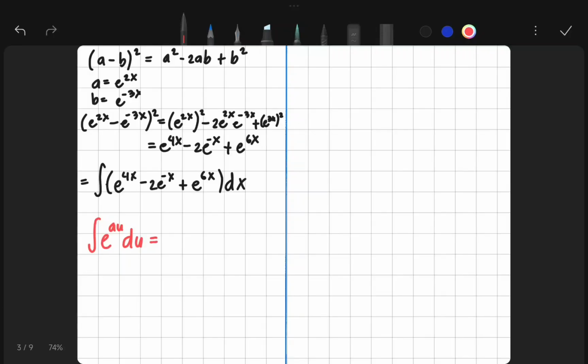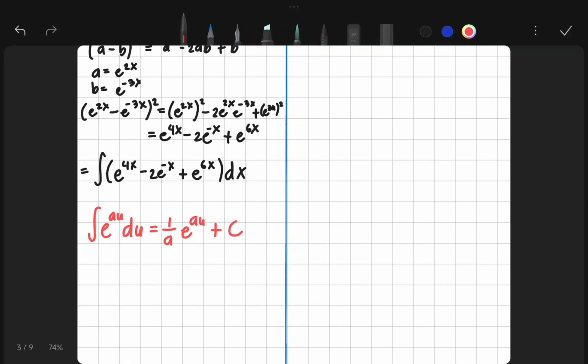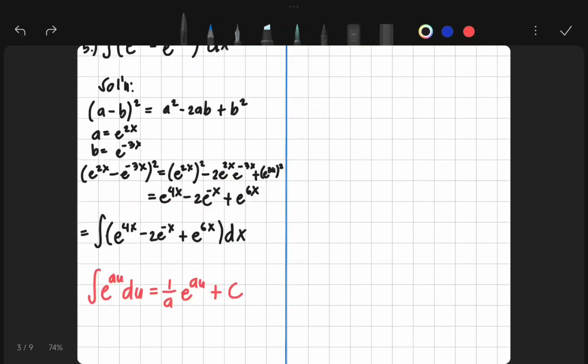So that would be equal simply to 1 over a times e raised to au plus c. Okay, so that we don't need to use more substitution because we have 3 terms here, right? So if we have a constant, let's say 4, we just need to copy this e raised to 4x term and then put the reciprocal of 4, which is equal to 1/4.